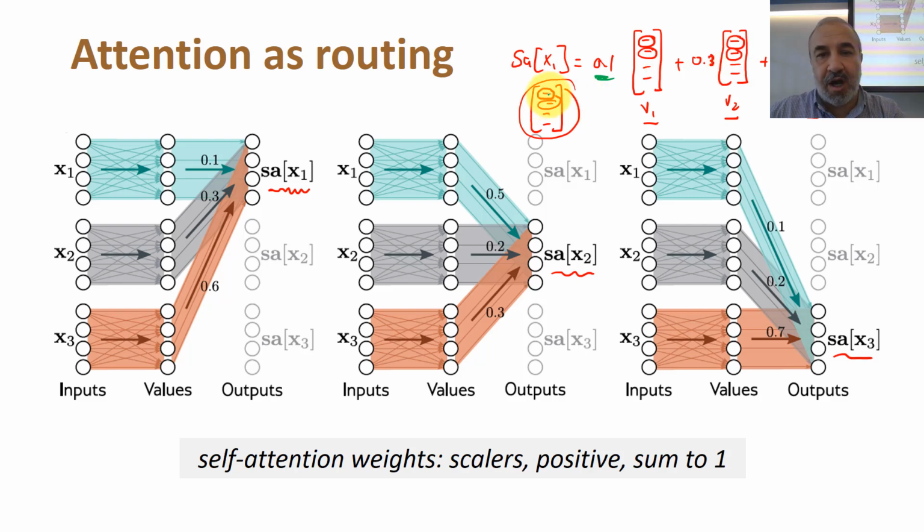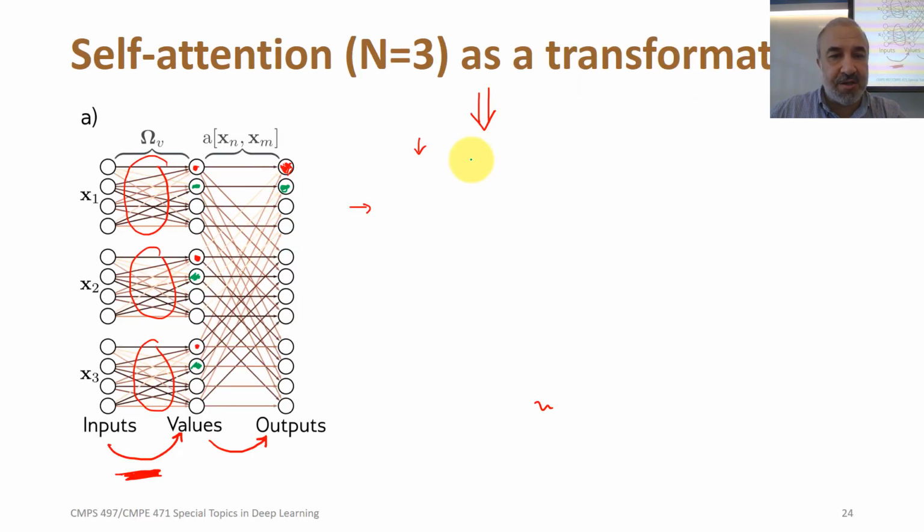So when I compute this one, it's 0.1 times this plus 0.3 times this plus 0.6 times this. So 0.1 and 0.3 and 0.6 are shared. The values of the connections that are coming to the first one are exactly the same as the second, exactly the same as all of them, because it's the same weights.